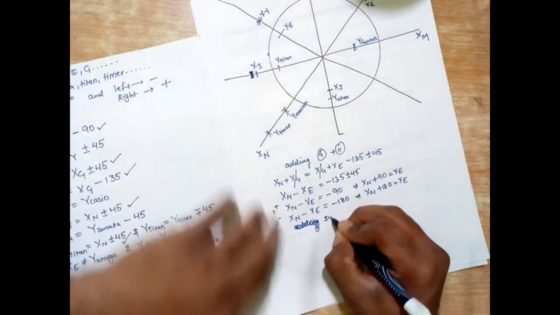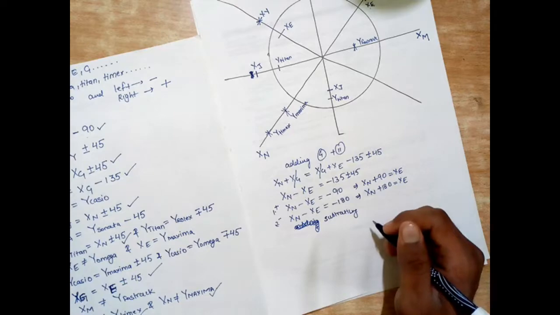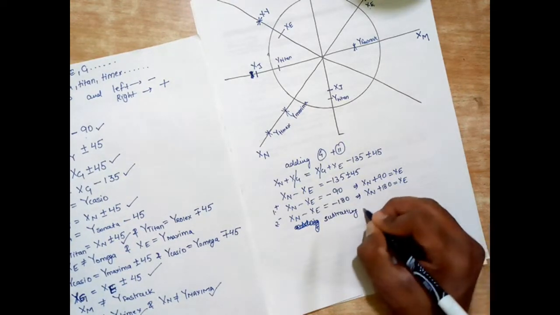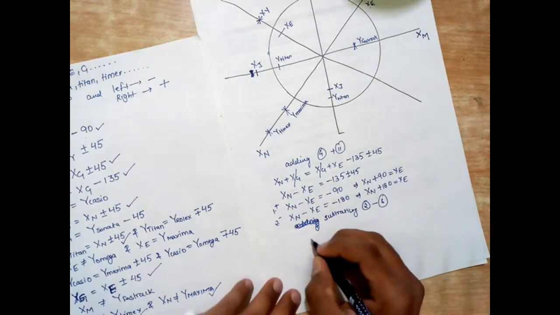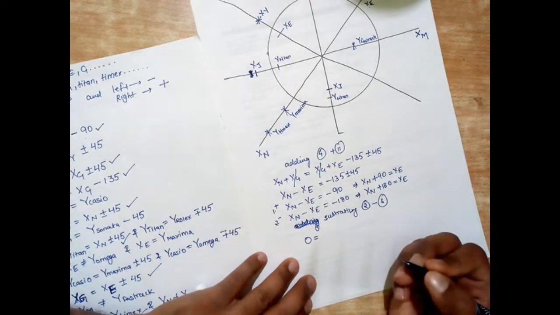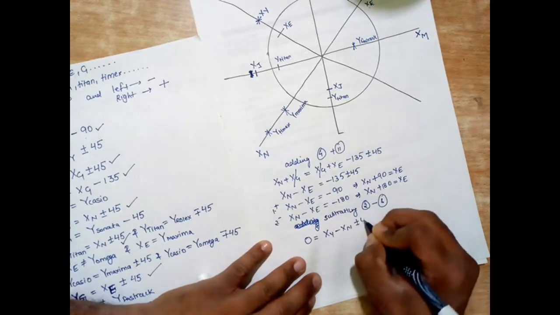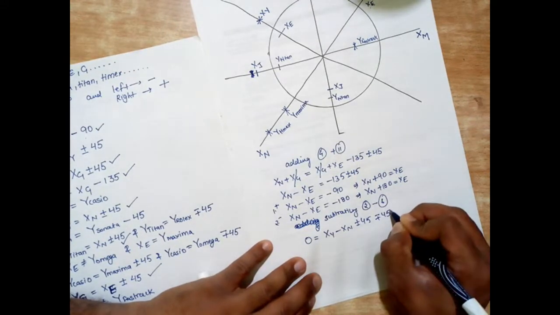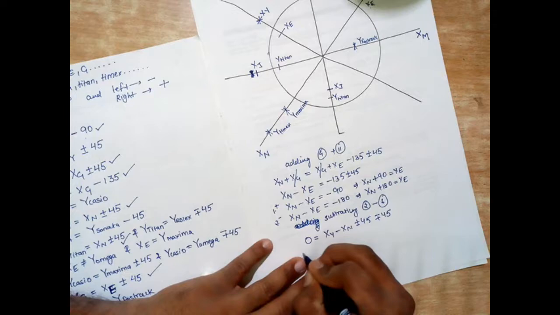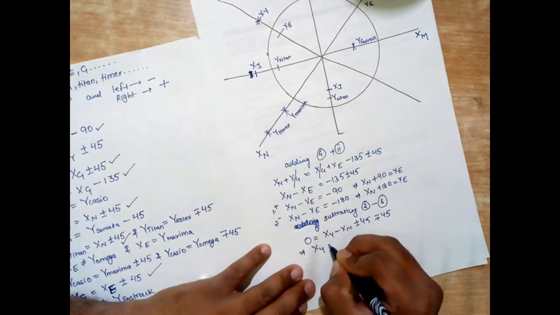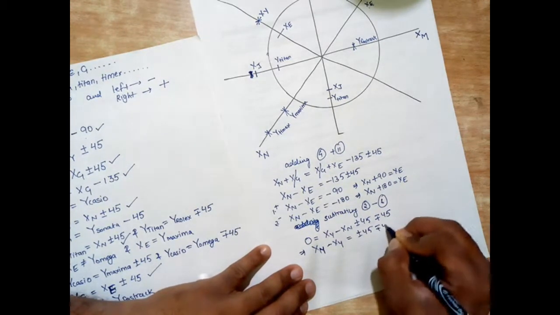So subtracting 2 minus 6, that would imply on the left hand side it gets 0 because xj is cancelled by xj, and here xy minus xn plus minus 45 and minus plus 45. Why did it get minus plus? Because the minus of this subtraction causes it to be so. So on simplifying, I get xn minus xy is equal to plus minus 45 minus plus 45.